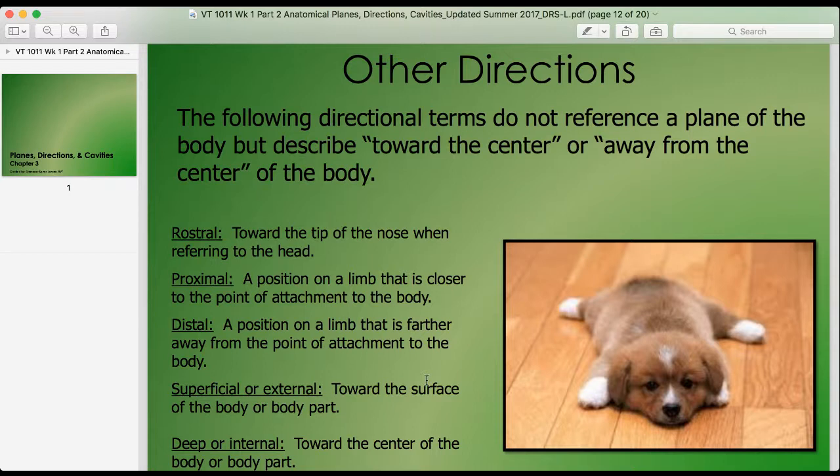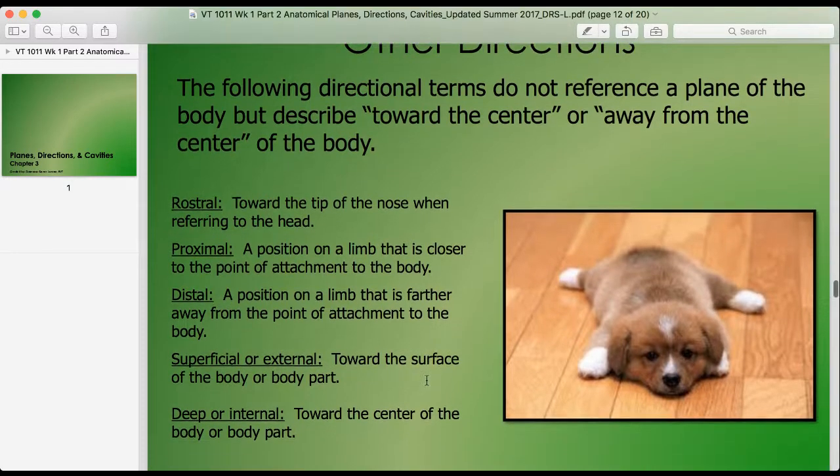Proximal is a position on a limb that is closer to the point of attachment to the body. And distal is further away. So if we look at this puppy in the picture, his paws, the white paws, are distal from the rest of the body. And where the elbows are, or the shoulders, that would be the proximal part of the limb.